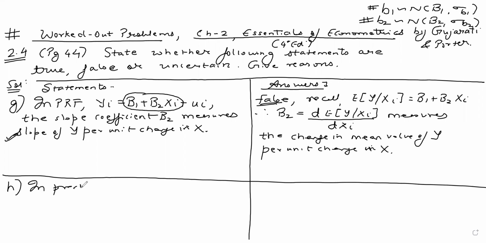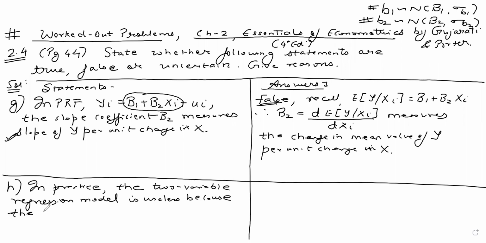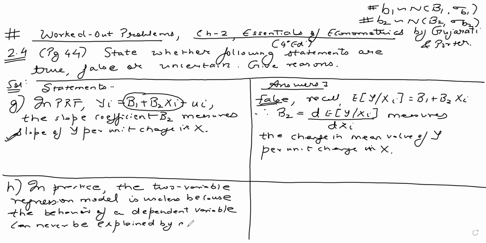In practice, the two variable regression model is useless because the behavior of a dependent variable can never be explained by a single explanatory variable.